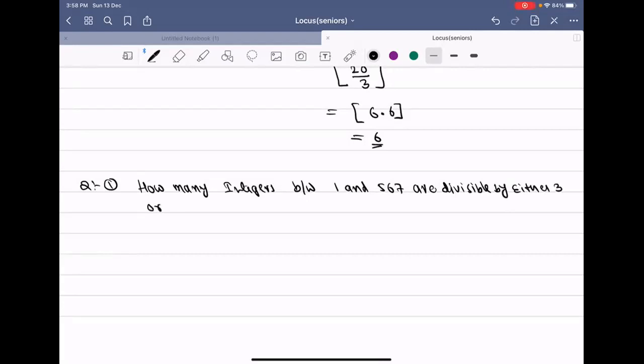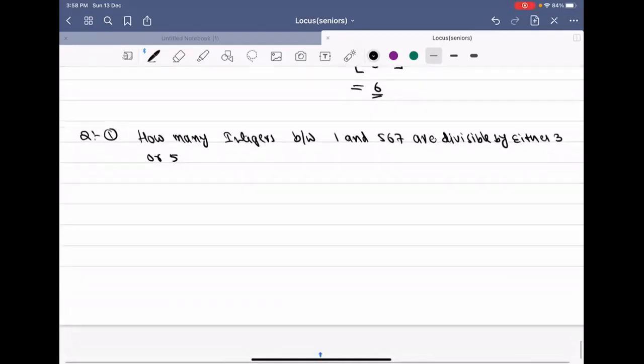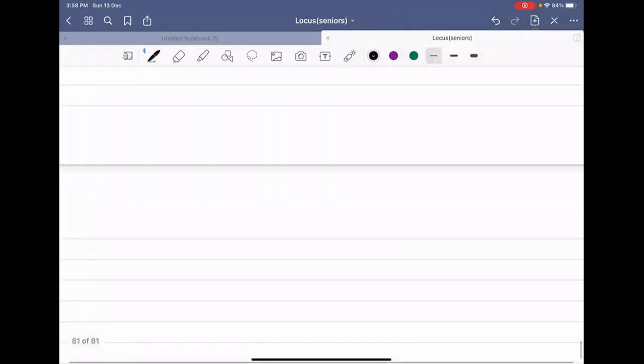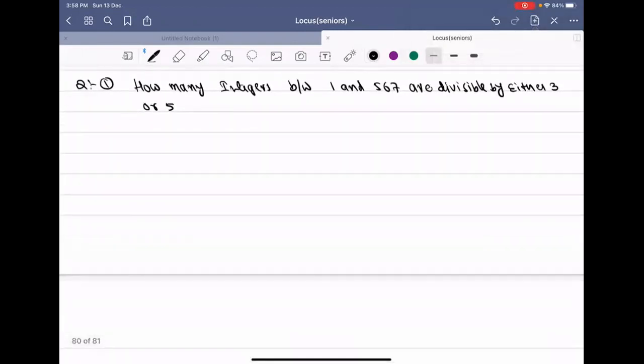Either 3 or 5 means what? Union only. Either or means union, and both means intersection.